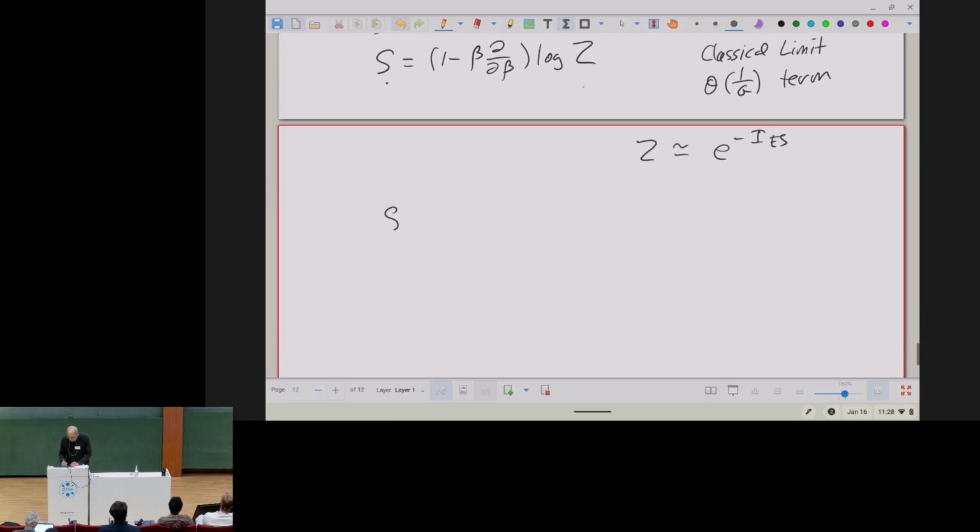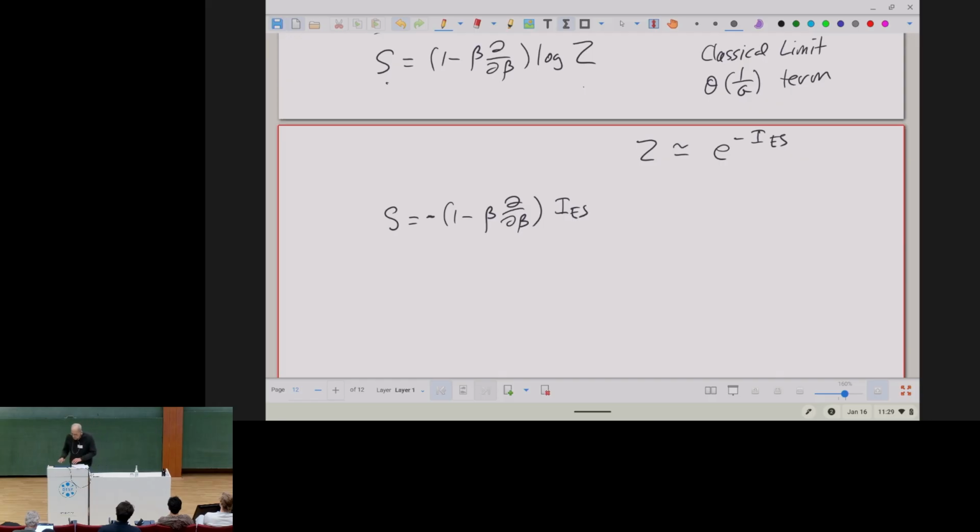So S is then 1 minus beta d by d beta of log Z, but log Z is minus the action. So that justifies the statement that all we have to do to calculate the entropy is to calculate the classical action.